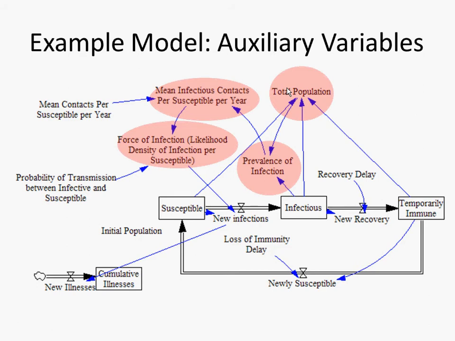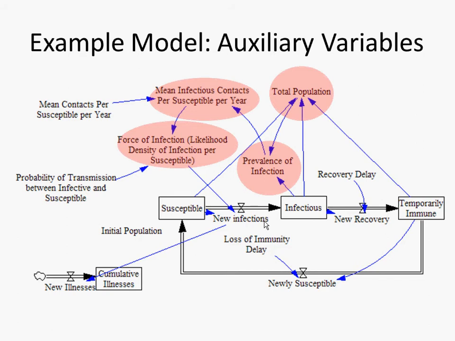Maybe, moreover, we plan to extend this model by adding additional compartments, maybe an asymptomatic infectious and a symptomatic infectious compartment. And by having one place to go to for total population, it's easier to remember, rather than going everywhere in the model where we have susceptible plus infectious plus temporarily immune, all three added together, and remembering to put this in.